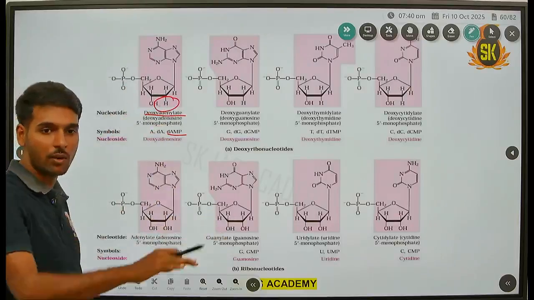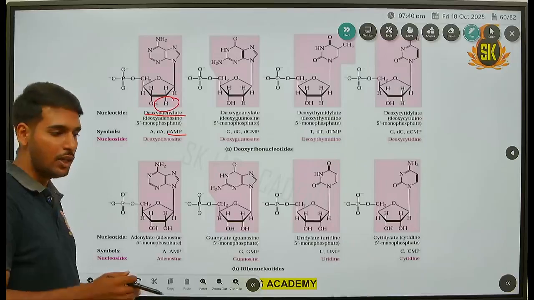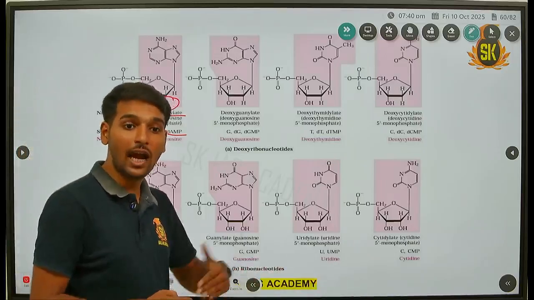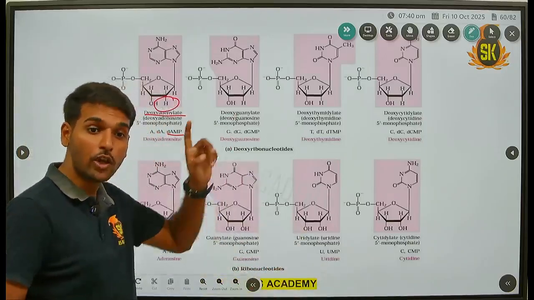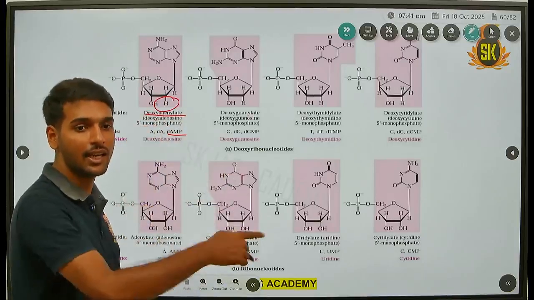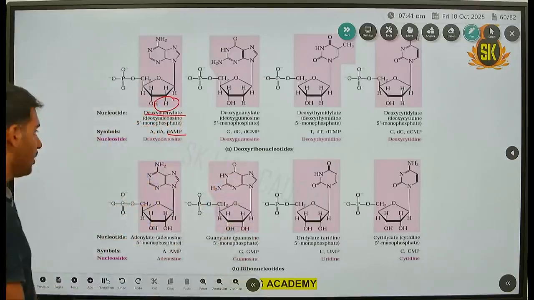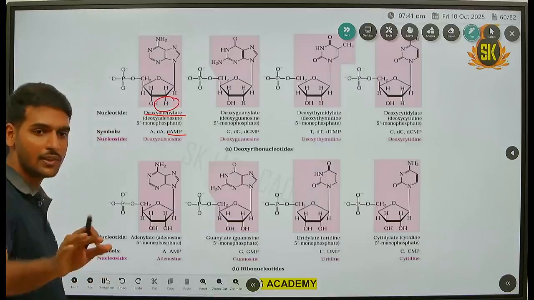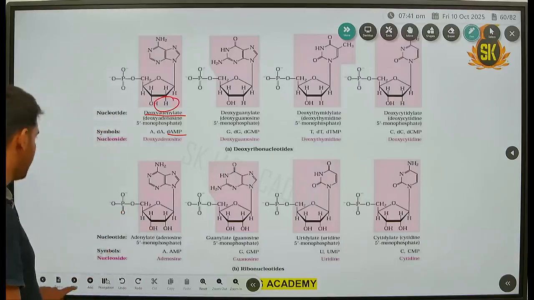So easily you can now remember every name. For nucleotides you can write monophosphate, ylic acid, or ylate. For nucleosides, ine. Mostly it is asked in match the following. Okay, set.